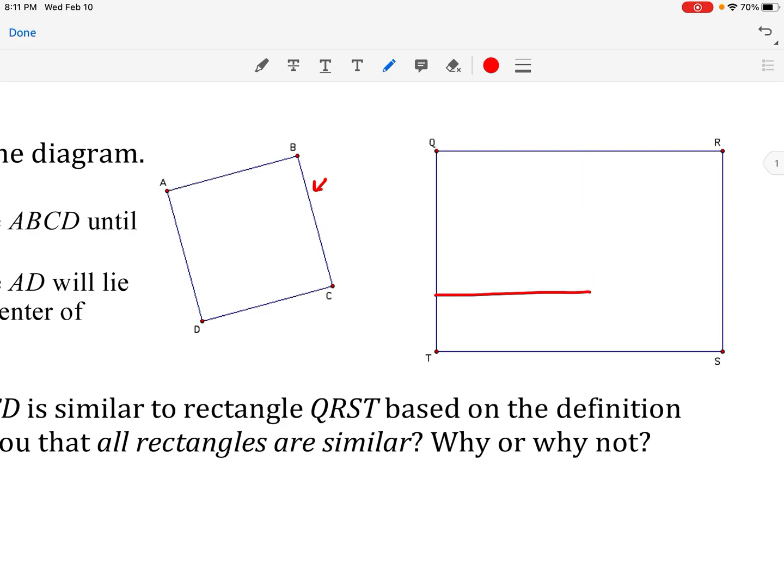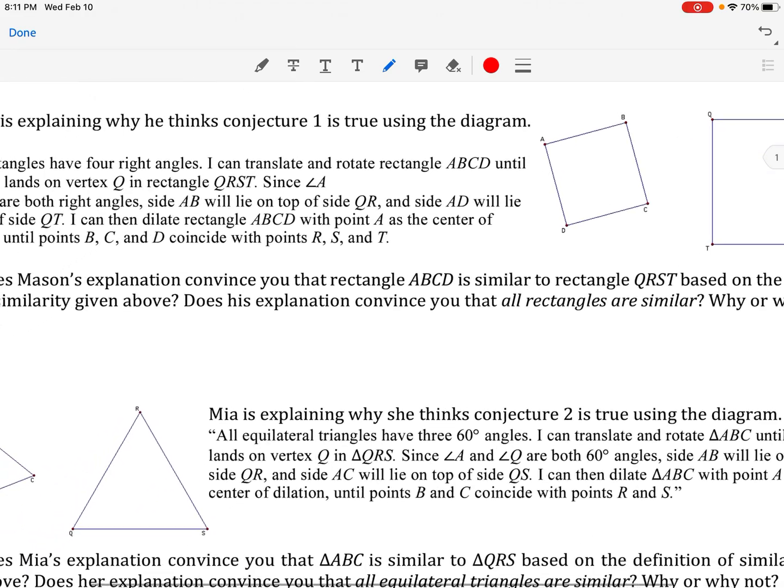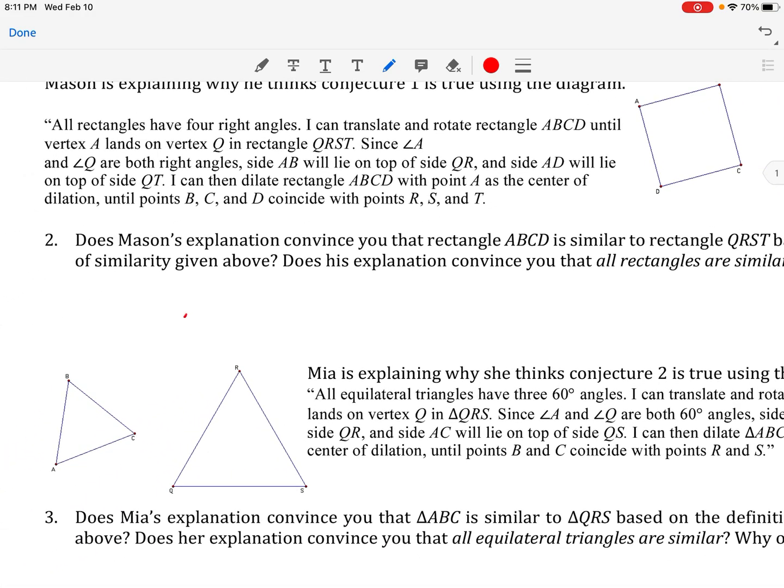Since we can't multiply everything by the same scale factor, this is an example of why it is not going to work for rectangles. So this is a no for rectangles because the dilation has to be consistent. A constant scale factor for all sides.